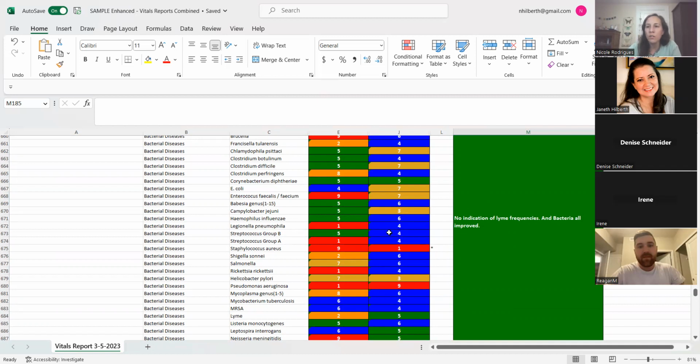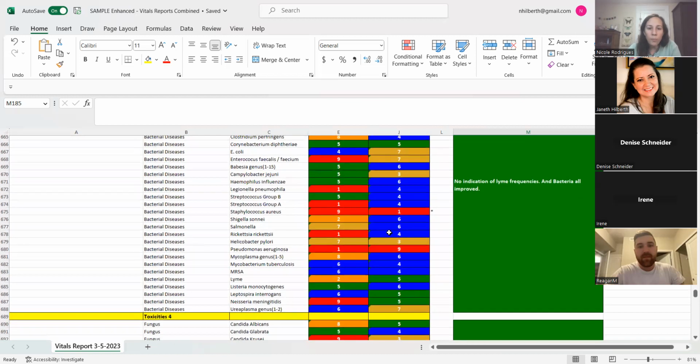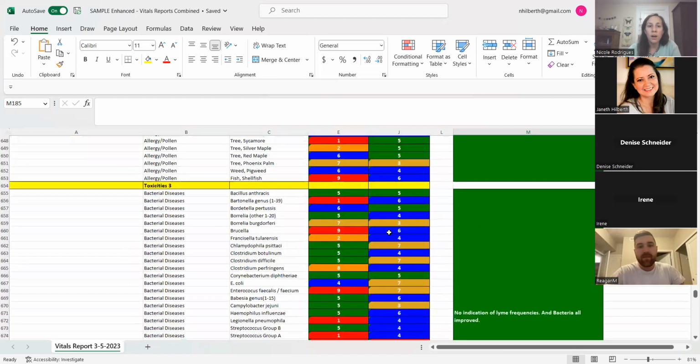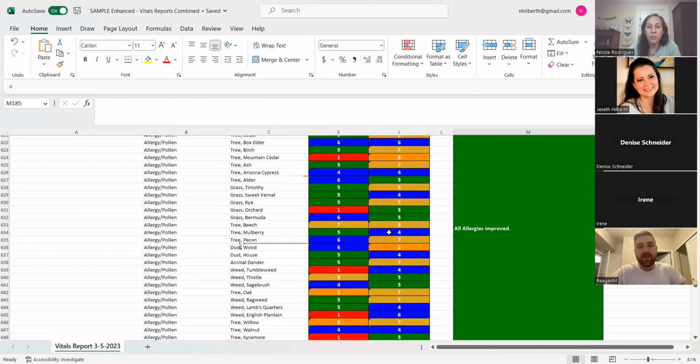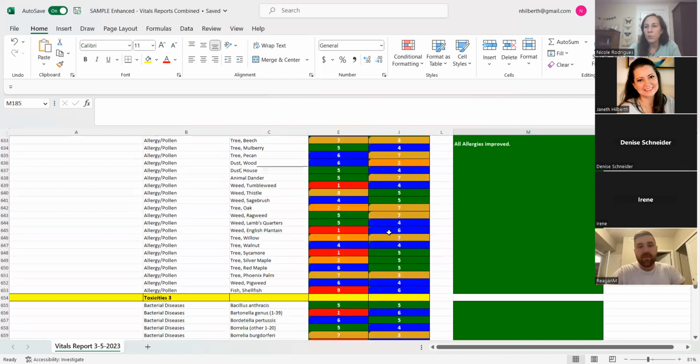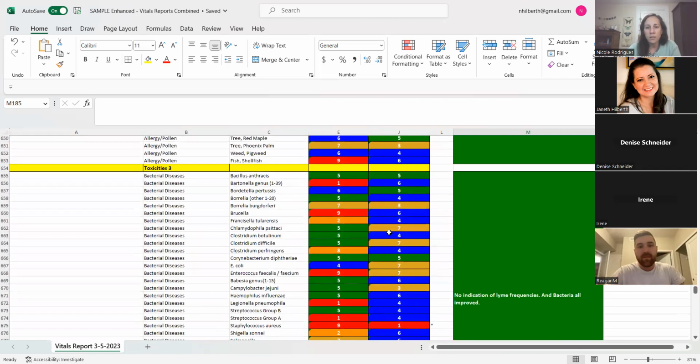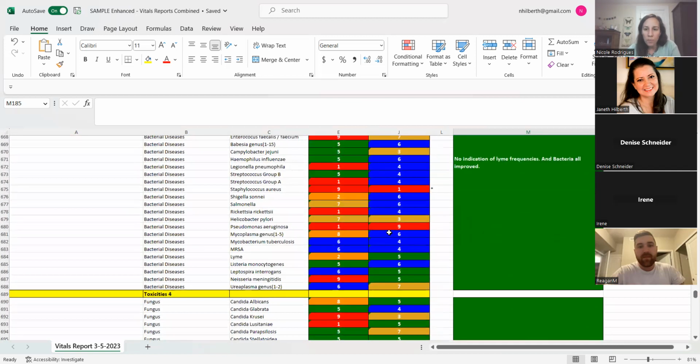So that's something you always want to check too, because Lyme can have a lot of co-infections with it. But overall, he said that his allergies improved tremendously, that with the allergy and pollen section, he noticed that he wasn't taking his allergy medication as often and was blowing his nose less, with fewer allergy symptoms.